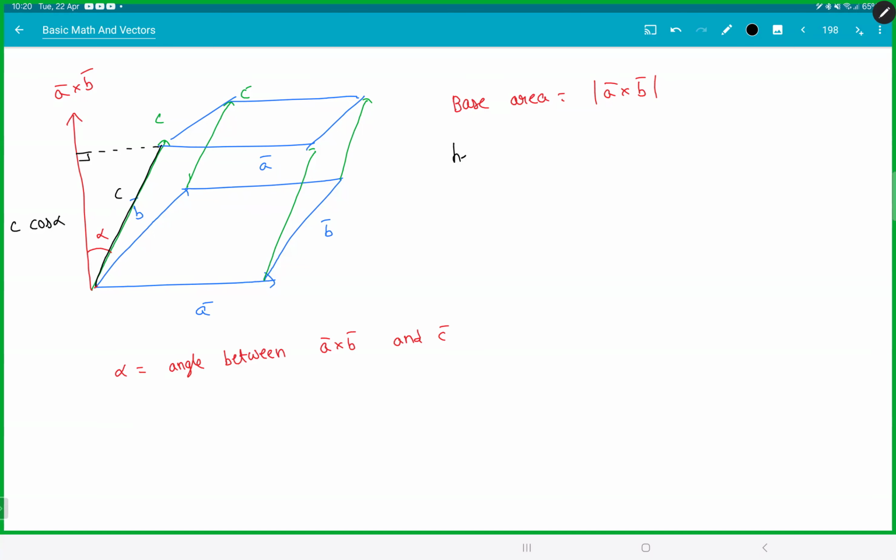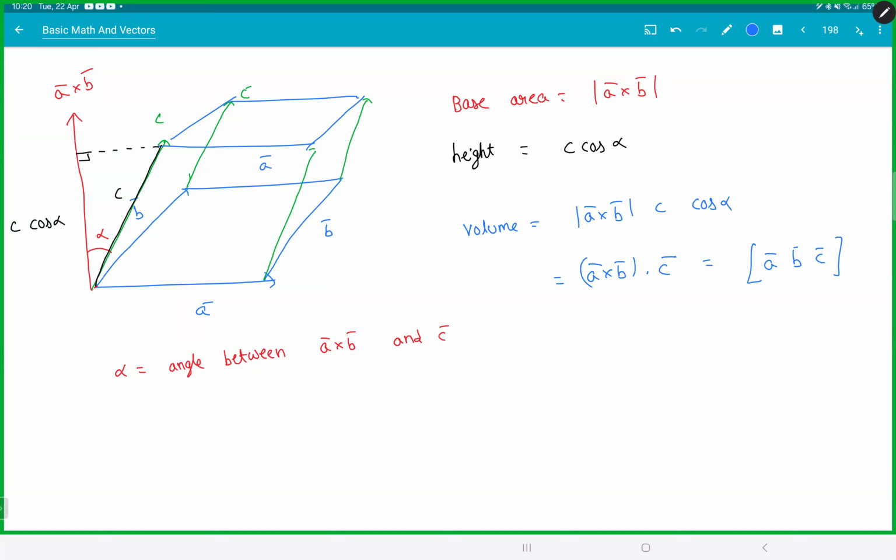That is the height of the parallelepiped. So the height is given by C cos alpha. Therefore, the volume, which is base area into height, will be magnitude of A cross B into C into cos alpha. Doesn't this look like a dot product, which is A cross B dot C? This is what we call a box product.